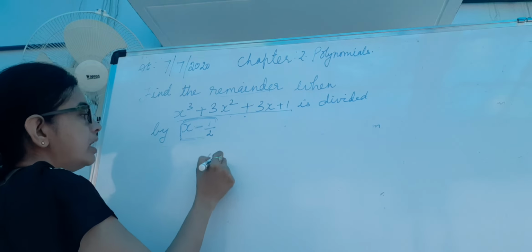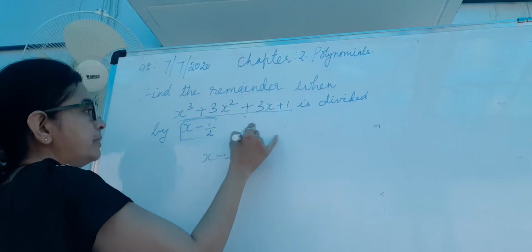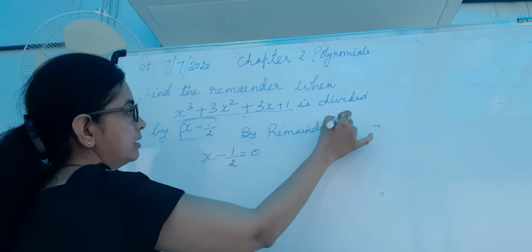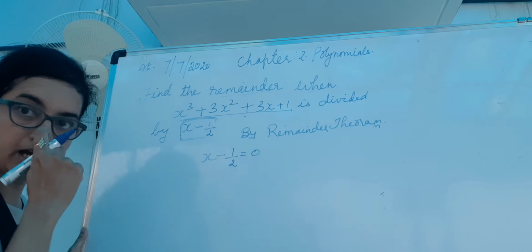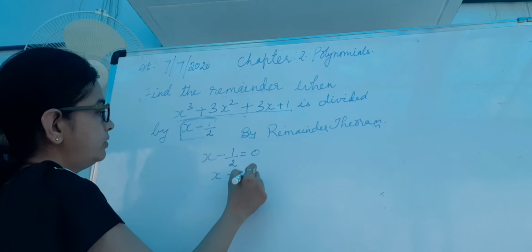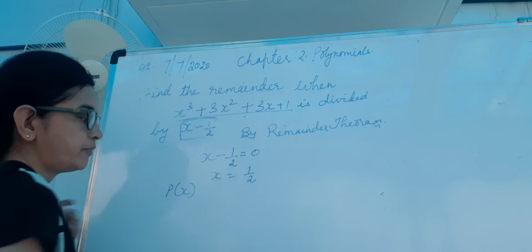So, x minus half is equal to 0 by remainder theorem. Don't forget to write it. By remainder theorem, x minus half is equal to 0. Therefore, x is equal to half. This is the second step. Which is the second step?